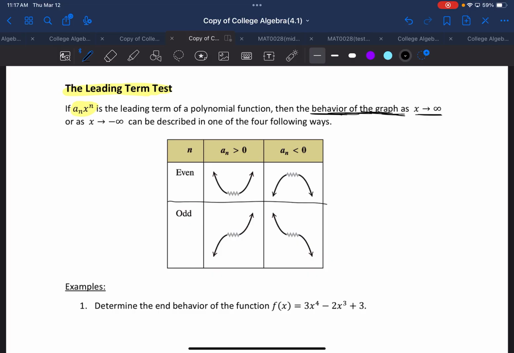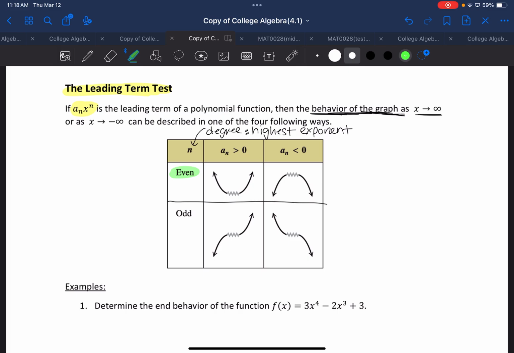Okay, so if n, and remember, n is the degree of the polynomial, the highest exponent of our polynomial, is even, so if it's 2, 4, 6, 8, whatever, an even number, then our end behavior will be going in the same direction.